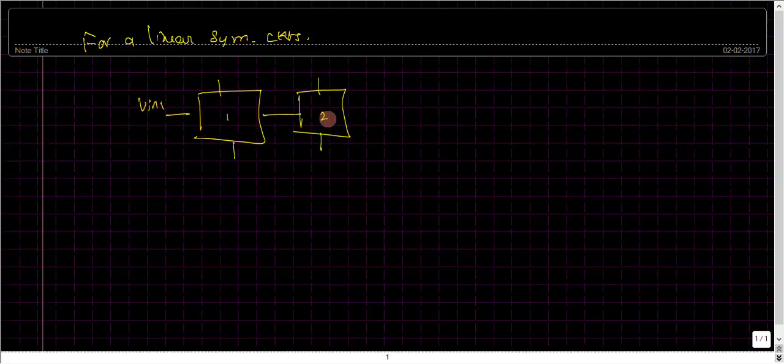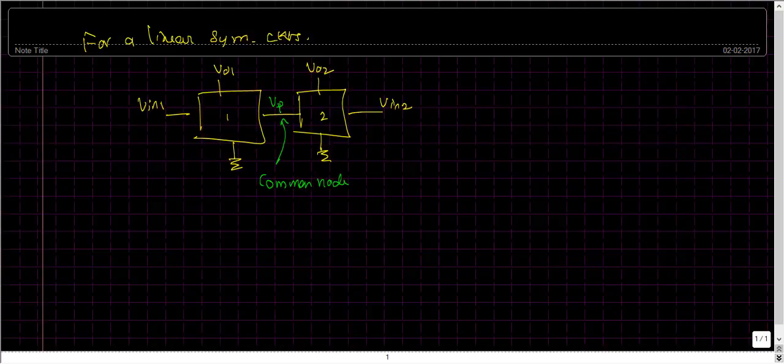This is my circuit number 1 and this is my circuit number 2, and these are the inputs and these are the outputs, and I have some connections that go to the ground, and there is a particularly important node which I'm labeling as VP here, which is called the common node.